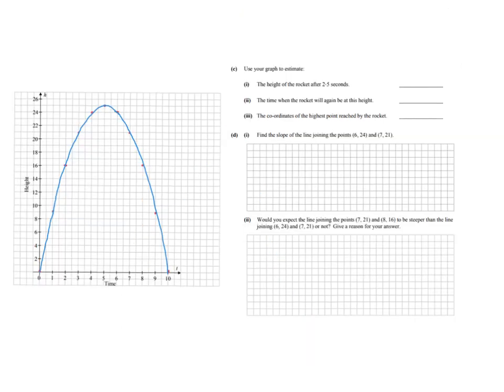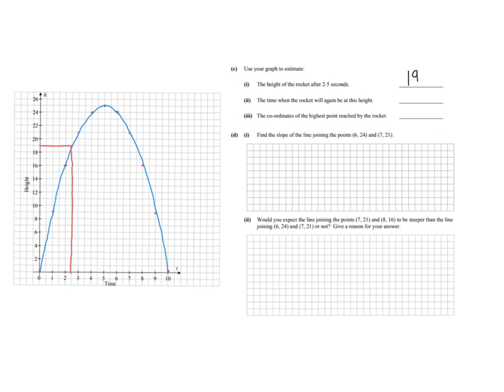Then in part C, it says use your graph to estimate the height of the rocket after 2.5 seconds. What you do then is you go to 2.5, you go all the way up, so you draw a line, and then you go across, and you should get an answer of 19.